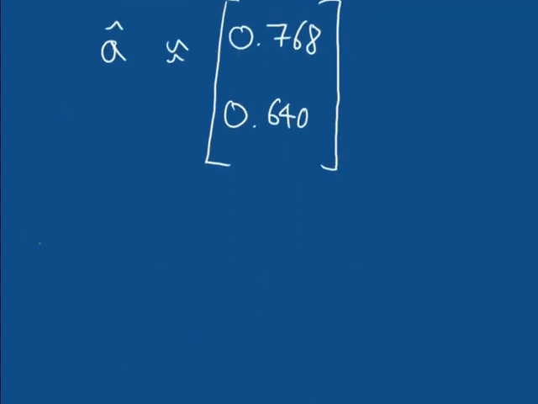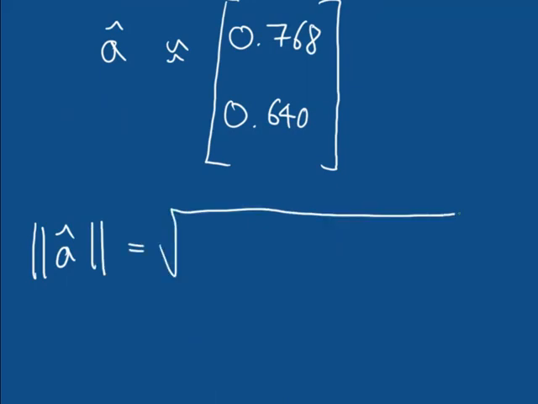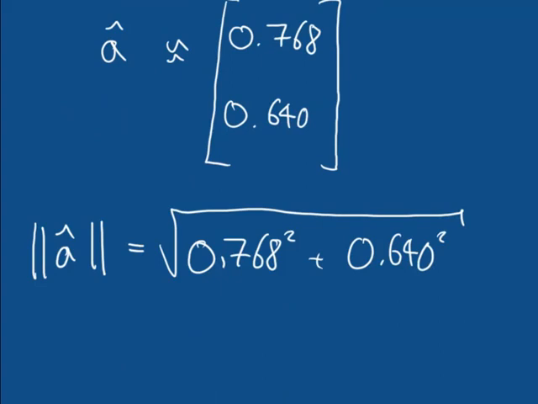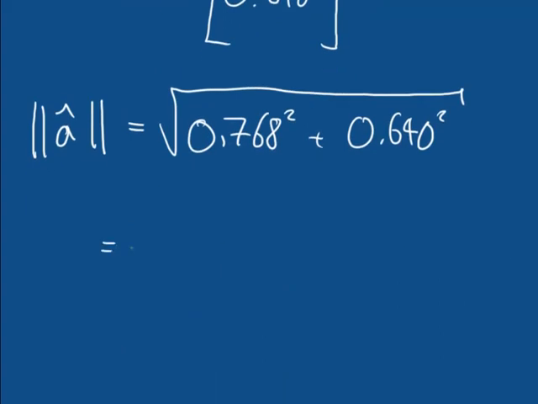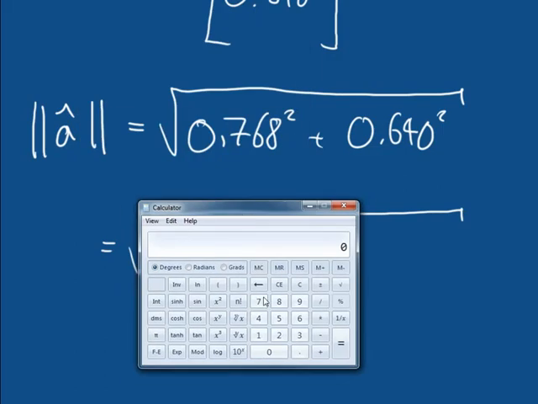We're going to need to find the magnitude of our unit vector, which is equal to the square root of, in this case, 0.768 squared plus 0.640 squared. So I'm going to bring up a calculator, so we want 0.768 squared plus 0.640 squared, which is going to be equal to the square root of almost approximately 1.